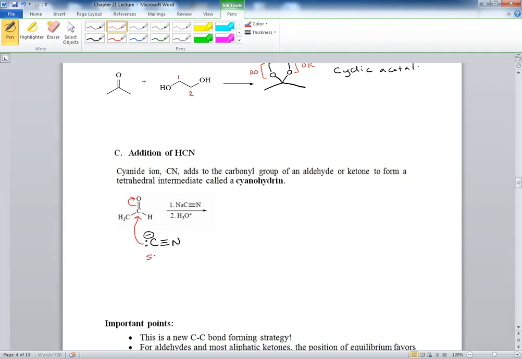So we say this is a strong nucleophile. Very well, let's continue.